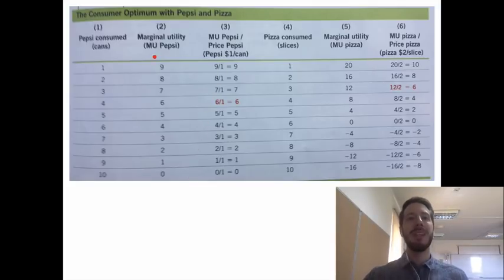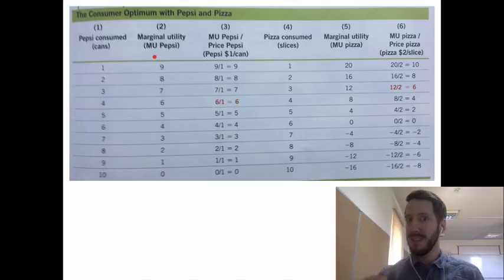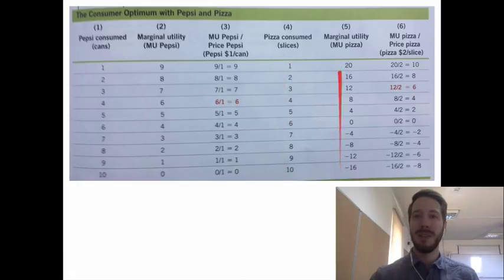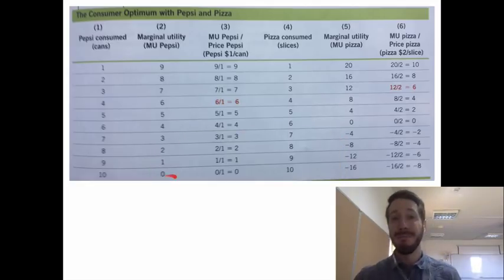This imaginary person could say, here's how many utils of satisfaction I will get per can of Coke I consume and per pizza slice I consume. So a lot of utils here, and eventually you see diminishing marginal returns as they consume more pizza.